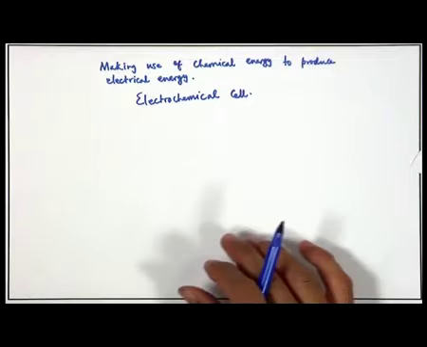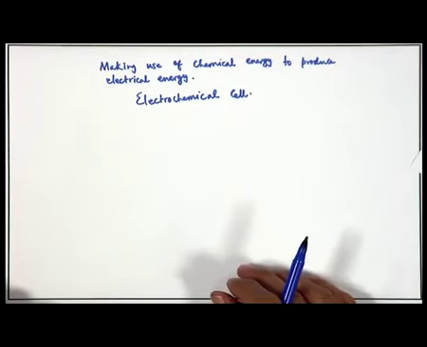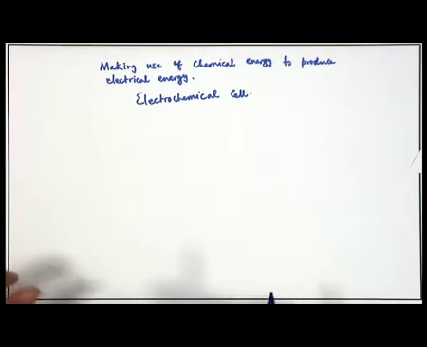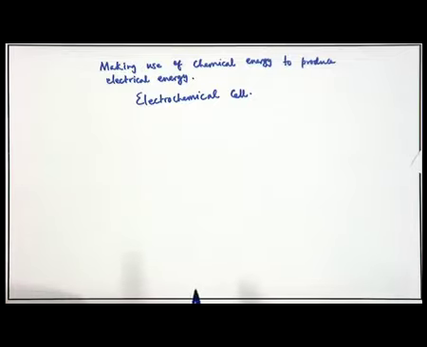So, here whatever energy is released in a chemical reaction by means of a specific arrangement, specific arrangement means you dip electrodes and that energy will be captured by the electrodes and converted in the form of electrical energy. So, that is a device in which one can convert chemical energy into electrical energy.